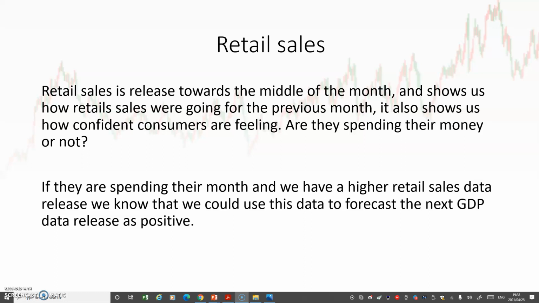Because if someone's spending money, that means the GDP will probably increase for the next GDP release, or there will be an increase in GDP for the next month. So there is some form where all the economic variables are interlinked. When I mention that, it's actually a chain of events where each thing impacts the other variable.